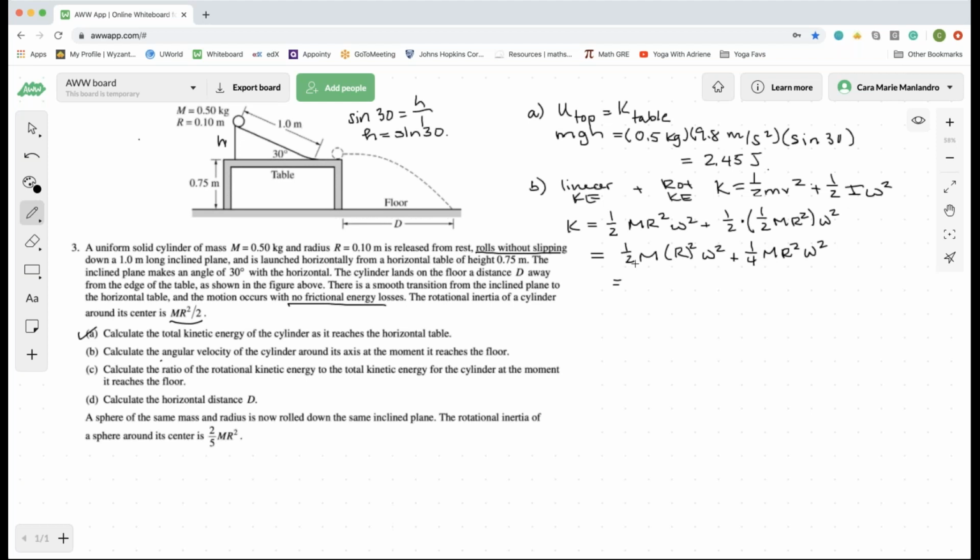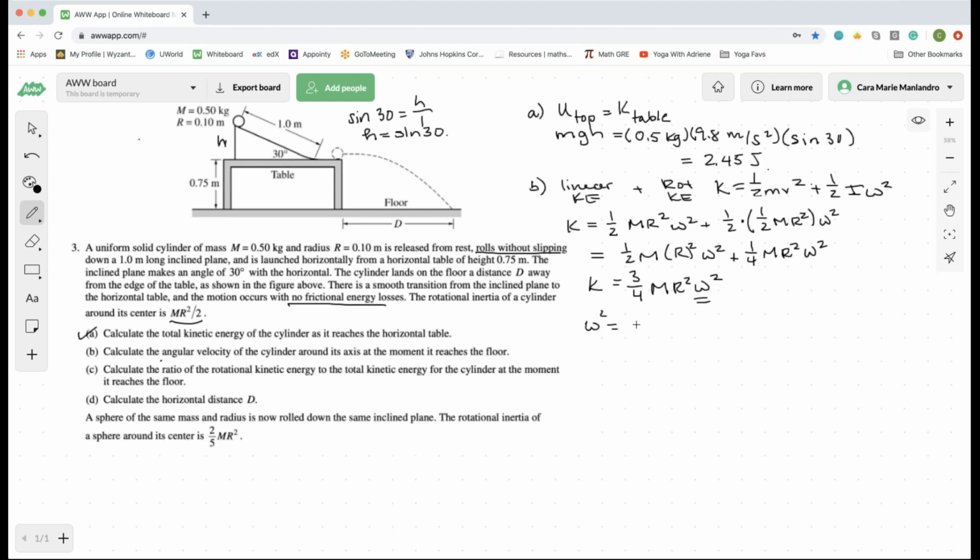If I put that together, I get 3/4 m r squared omega squared, and this is equal to K. Then we just need to solve for this, do a little algebra, and substitute it all in. It's unlikely that you're going to get something like this on your exam because they're not asking super computational questions. That said, it's probably good to at least know how to set it up.